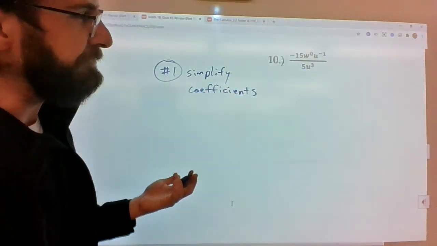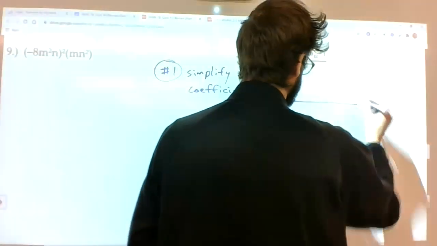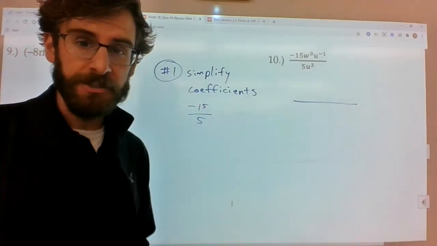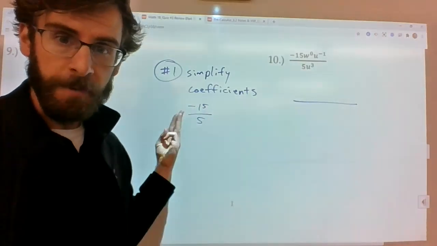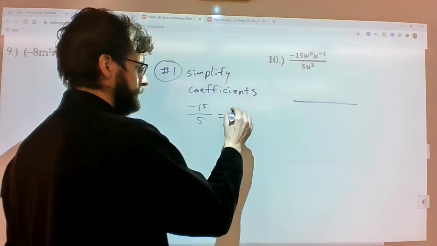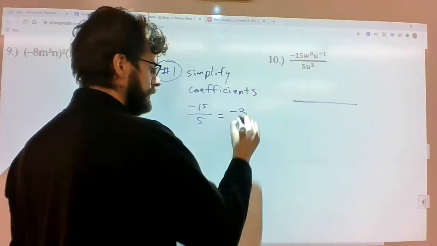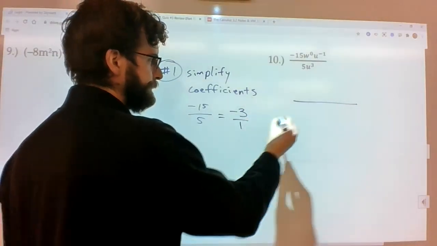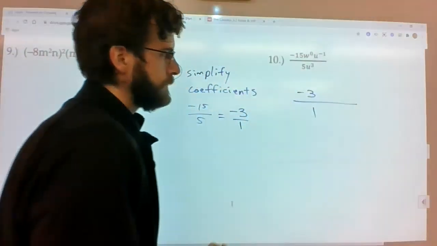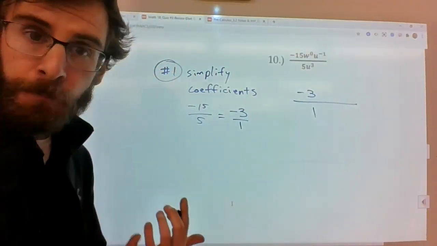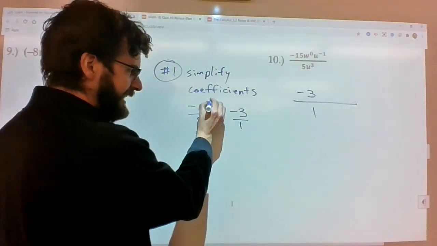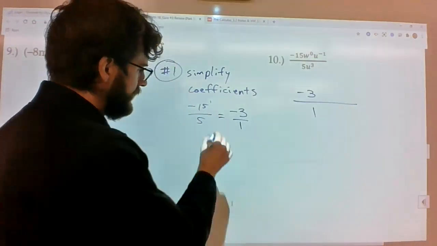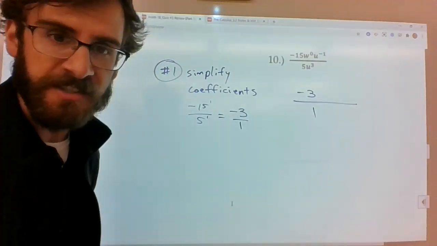So when you see negative 15 over 5, negative 15 on top, 5 on the bottom, that's just going to come out to be 5, 10, 15, but it's going to be negative. So it's negative 3, but you can think about it as negative 3 over 1. I didn't move around the coefficients because it's technically negative 15 to the 1 power, which is positive, so you'd leave it. And this is 5 to the 1 power, again also positive, so you leave it.